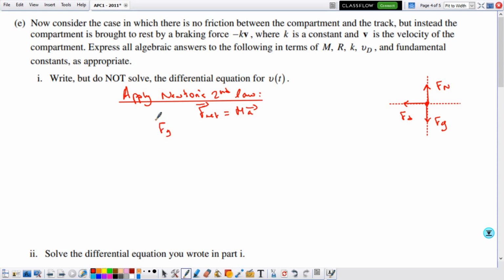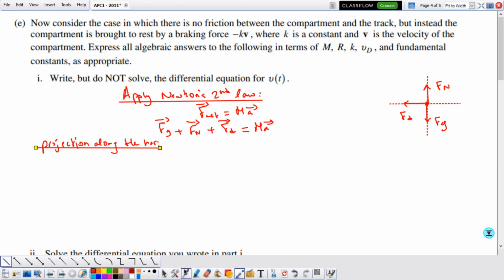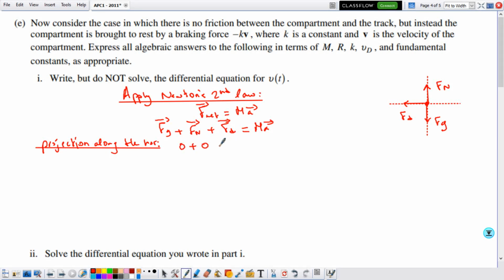Now we have the pull of gravity, normal push, and the drag force equals ma. Remember that this is a vector equation which gives birth to two linear equations along each direction. Now we're going to project that along the direction of motion, which is the horizontal. Projection along the horizontal gives 0 plus 0 minus kv equals ma.